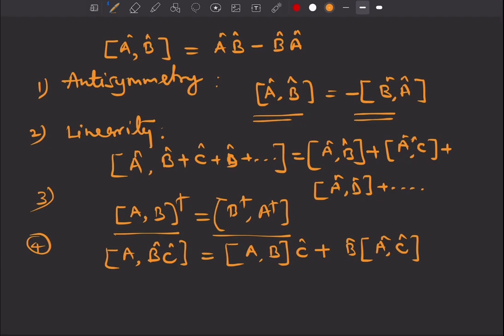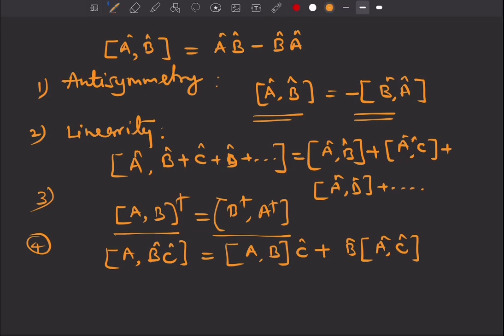So basically this is the distributivity with addition, and this is the distributivity with multiplication.